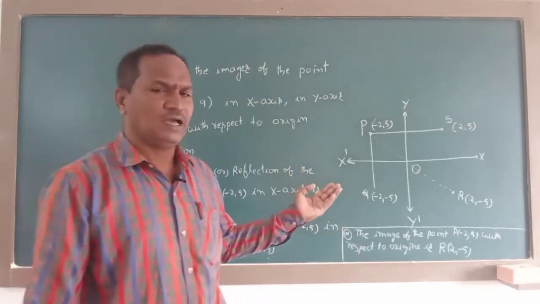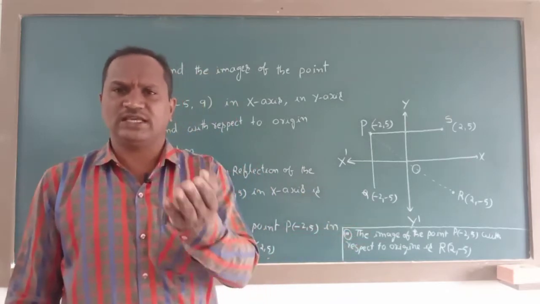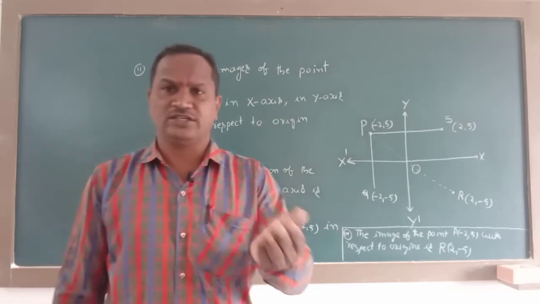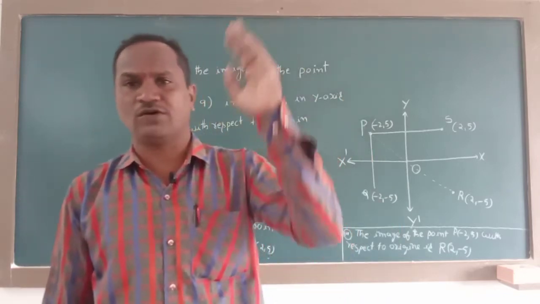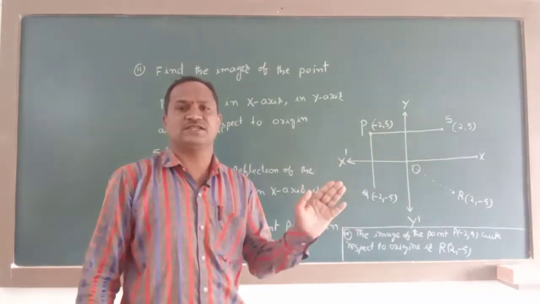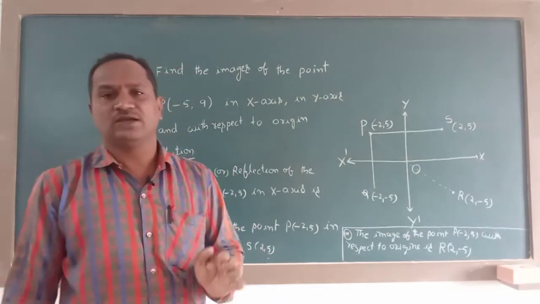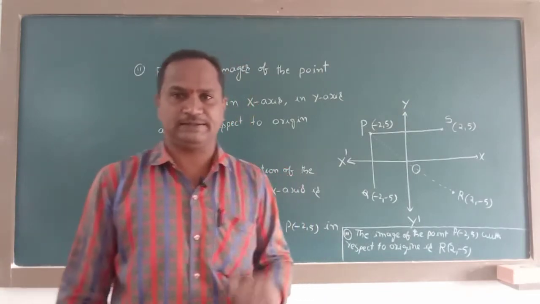Simple. Already I gave the formulas, you just have to apply them. Easily we can write images of any point from any quadrant to any quadrant. Like that, you have to apply the procedure to find images or reflections in analytical geometry.